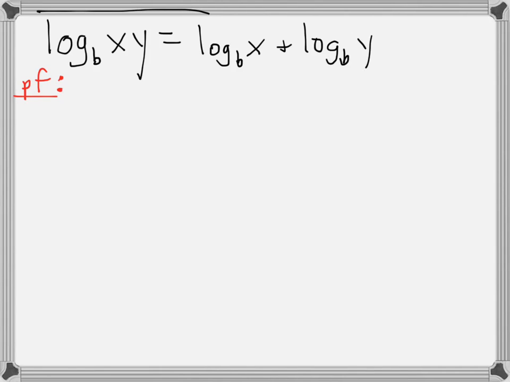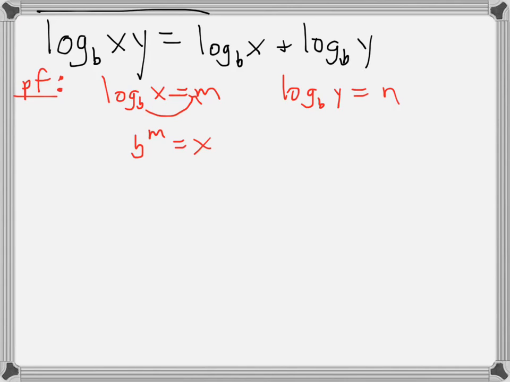So if I have, let's say, log base b of x equals some number, we'll call it m, and the log base b of y is going to be some number n. But if I rewrite my logarithms from what I learned before, then I'm saying b to the m power equals x, and b to the n power equals y.